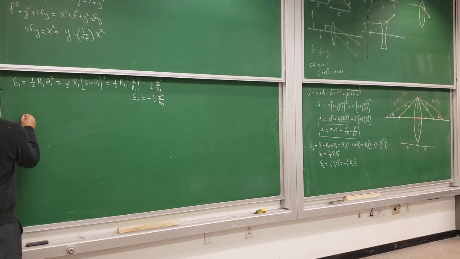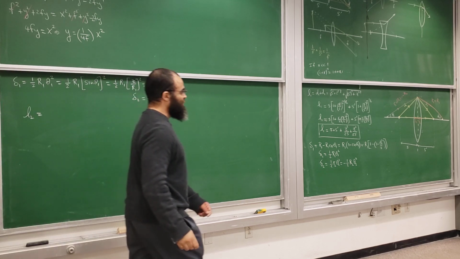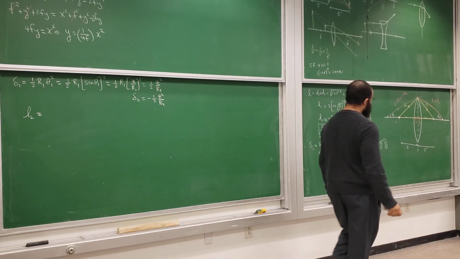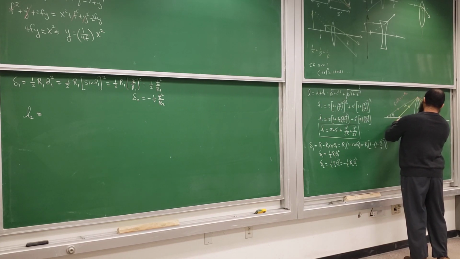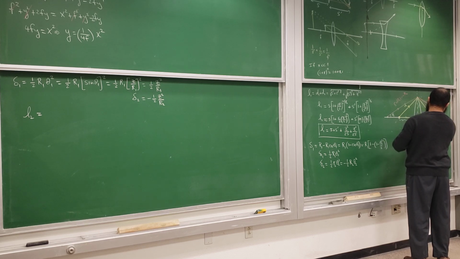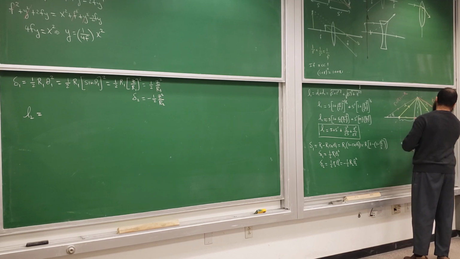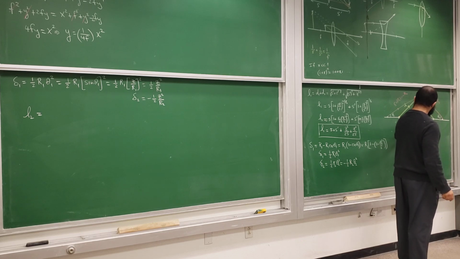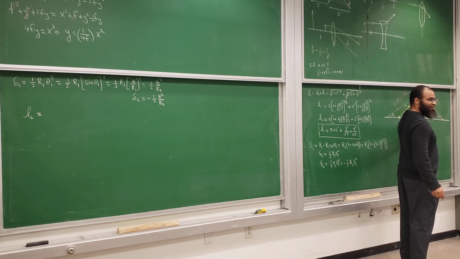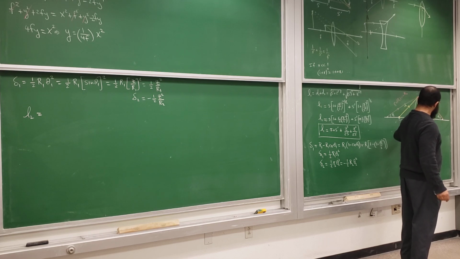Then the time of travel for L2. Let's look at L2. It will be this distance, and then delta 1 plus delta 2, and then this distance. What is this distance? That's s minus delta 1.